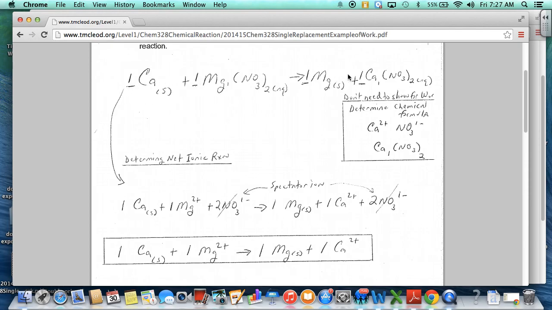So this is the complete chemical reaction showing all the species, both the species that are changing and the species that aren't changing, and it's also balanced. As you can see, I put the ones in front, like you're supposed to. Okay, I will get to the net ionic reaction in a second.